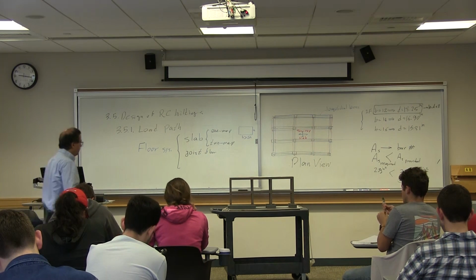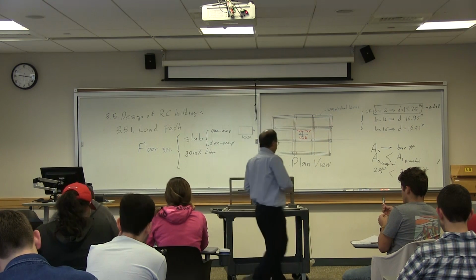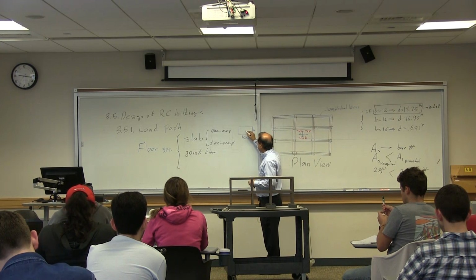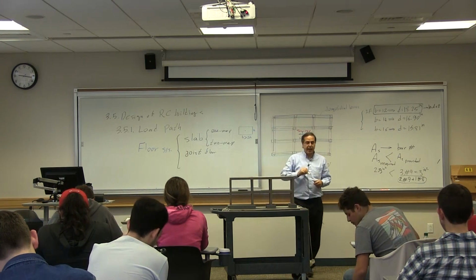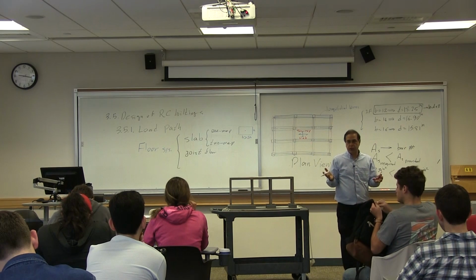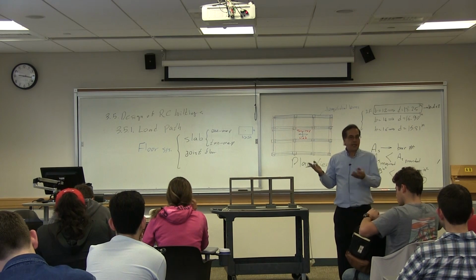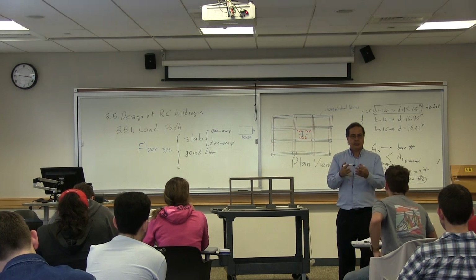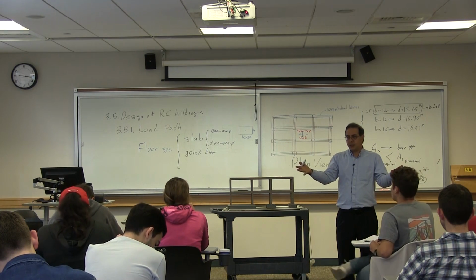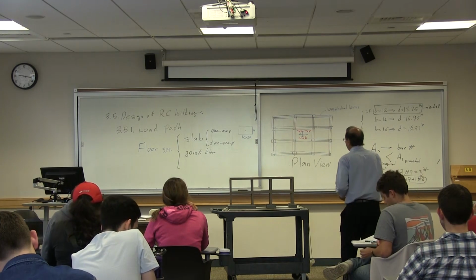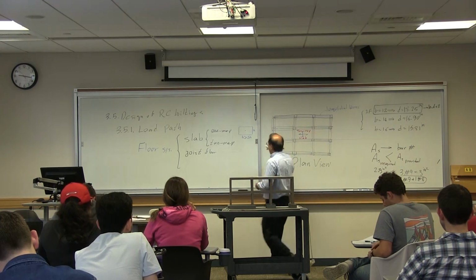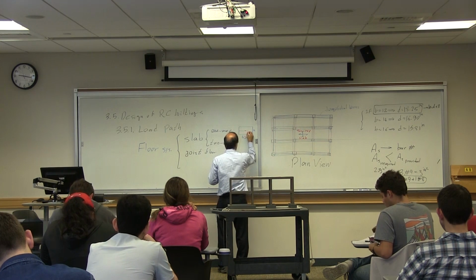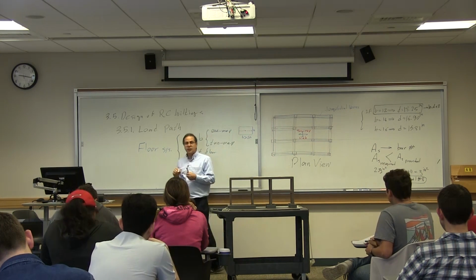However, if you look at the slab, let's say this point in the middle of the slab, let's say it deflects 1 inch. So that 1 inch is the same in the transverse direction and the same in the longitudinal direction. If I ask you how much did this line deform, the answer is 1 inch.